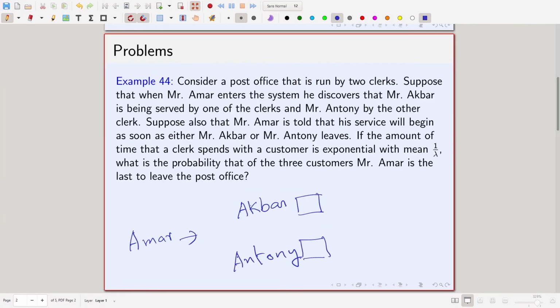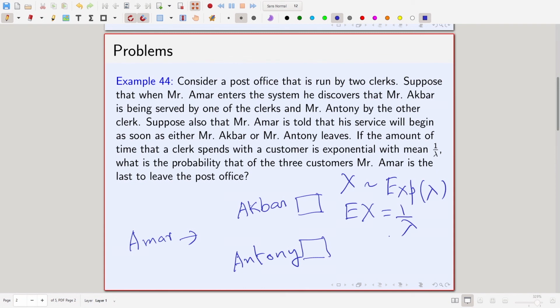Now, when we defined the exponential distribution, we said exponential with parameter lambda. But if you recall, I also said that if X has distribution exp(lambda), then the expectation of X is 1 over lambda.